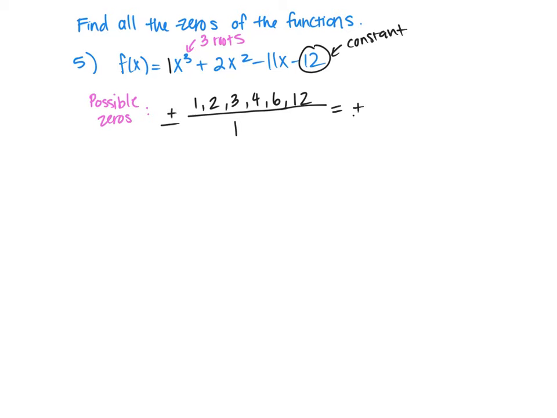So we would have plus and minus 1, plus and minus 2, plus and minus 3, plus and minus 4, plus and minus 6, and plus and minus 12. All I did was divide each number by 1 until I got done with my list and made sure I had a plus and minus in front of every number. So what it's saying is that perhaps these 3 roots could be inside this list.